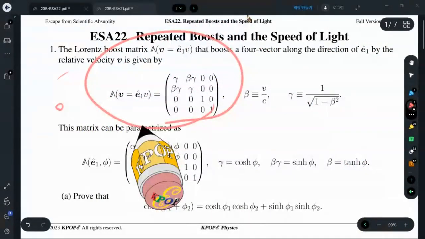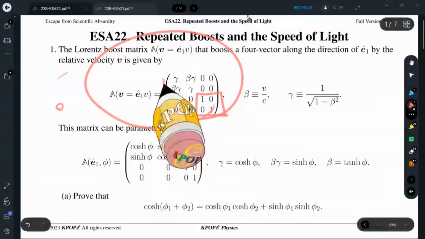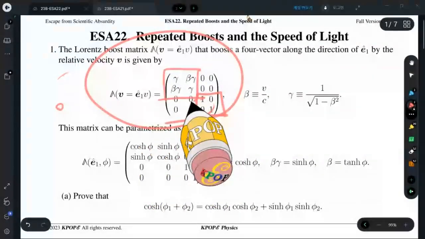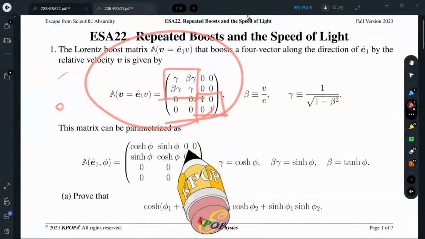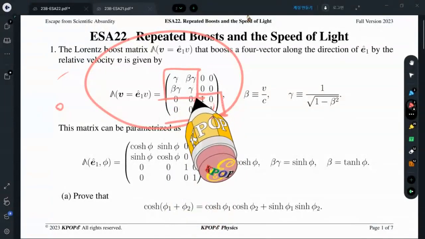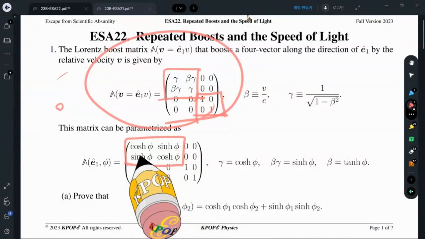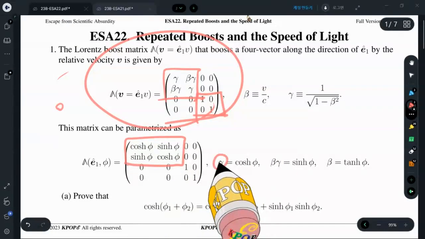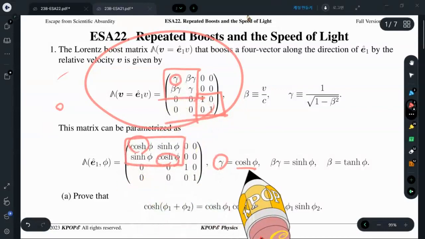In the Lorentz boost matrix, the perpendicular directions are invariant. We can concentrate on the longitudinal direction and time only. It is very convenient to introduce the parametrization of cosine hyperbolic and sine hyperbolic. They are symmetric matrices. The Lorentz factor gamma is the diagonal component, cosine hyperbolic phi.